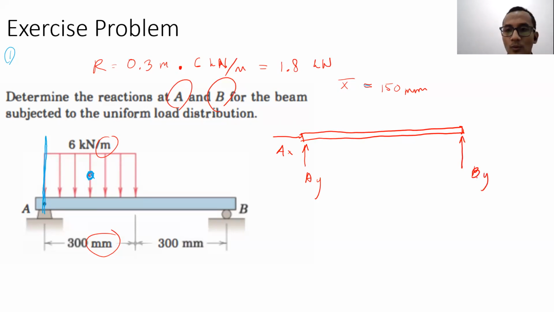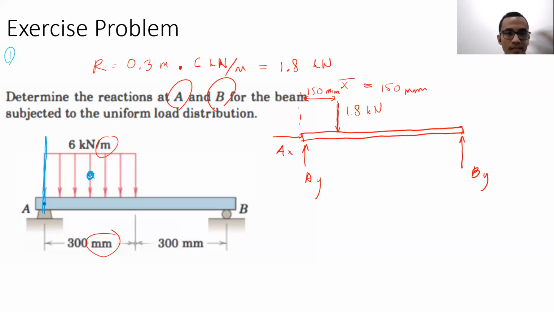Then what are the external forces that we have? 150 millimeters from point A there will be a force coming down, 1.8 kilonewton, with X here being 150 millimeters. So this is the free body diagram that you can solve.